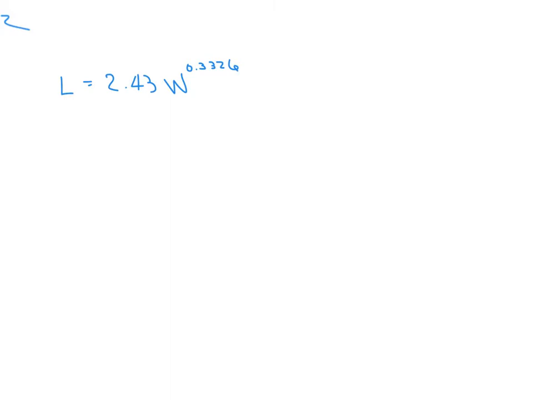Okay, so that is the power function for this particular example, where L is the wingspan in feet, and W is how much the bird weighs. Rather than go into a lot on this particular problem, go ahead and read through what they're doing there. I'm basically going to do exactly what they say, so you can just do that on your own rather than listen to me ramble about it.